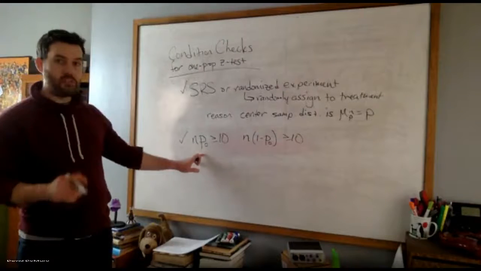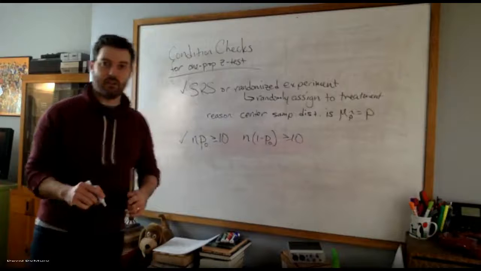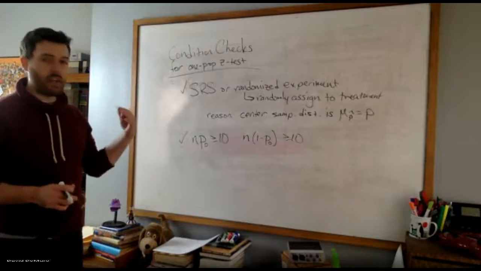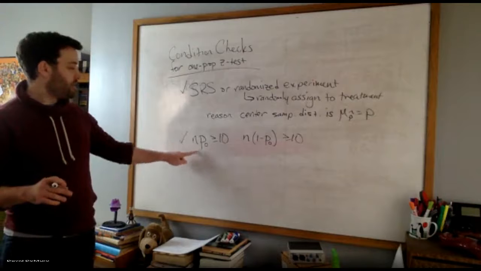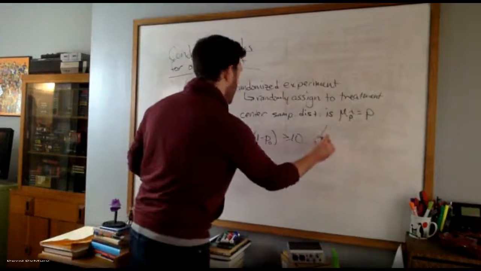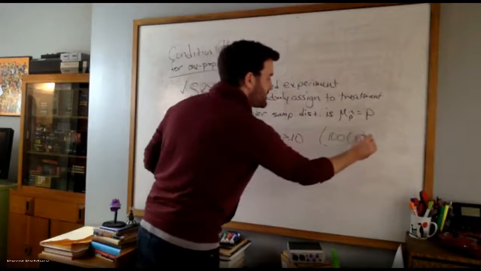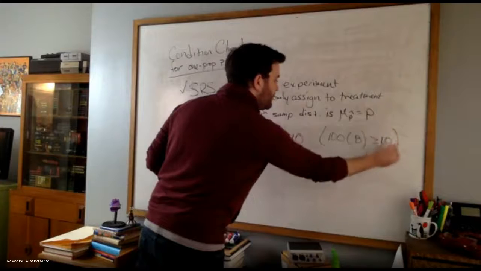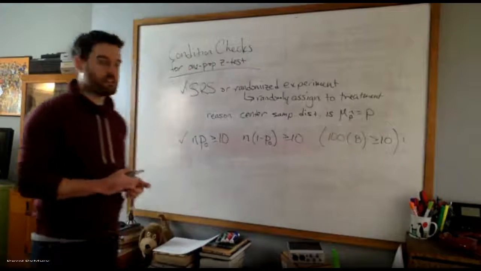So n times p0 has to be at least 10, and n times 1 minus p0 has to be at least 10. In that last example, we wouldn't take 100 times 0.72 from the sample. We would have checked 100 times 0.8, because that was the null hypothesis. It has to be at least 10, and it was. And also 100 times 0.2 has to be at least 10 as well.